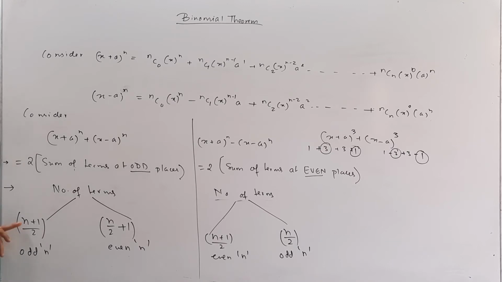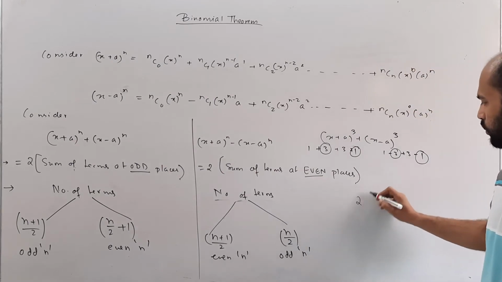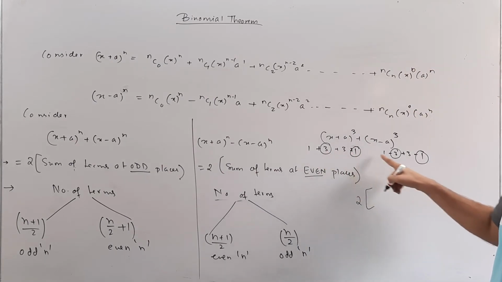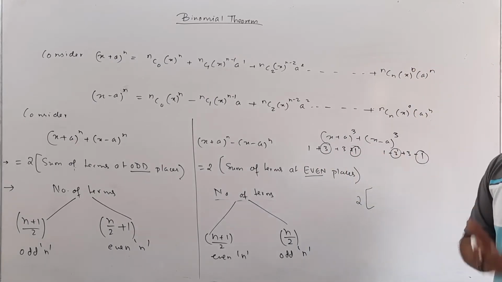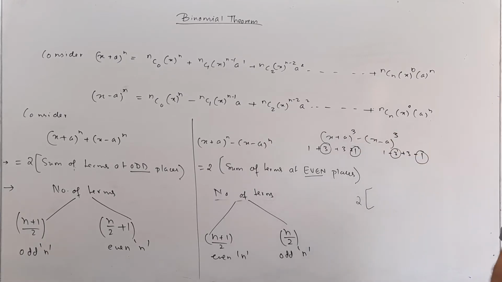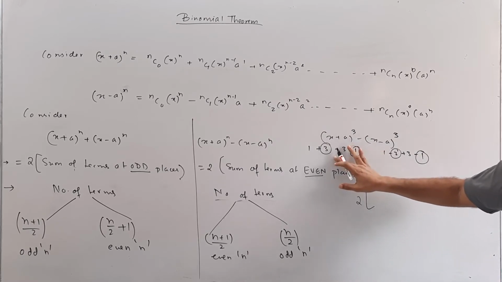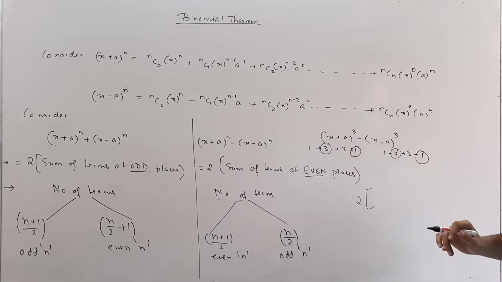So you can see for yourself that if I put 3 over here, 3 plus 1 by 2, that's going to be 2 terms. So when we add both of them, it's going to be 2 times this term plus this term, because we are going to add them. Similarly, if we subtract them, that is, this expression is subtracted, then what will happen is this is going to be added, that is, the circled terms are going to be added, and then still we are getting the answer as 2.